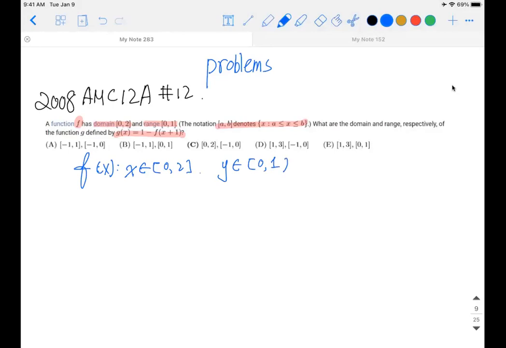Then what are the domain and the range, respectively, of the function g defined by g(x) = 1 - f(x + 1)? Now you have g(x) = 1 - f(x + 1). Same thing, I want to ask you x is from what to what? And what about y? y is actually g, right? From what to what?